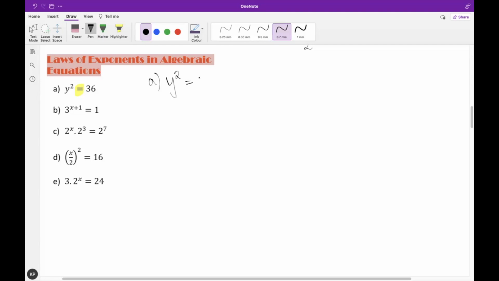Let's think of our inverse operations that we learned last week. How would we solve for y in this case? We would have to use the inverse operation of a square. And what is the inverse of square? What is my inverse operation for square?